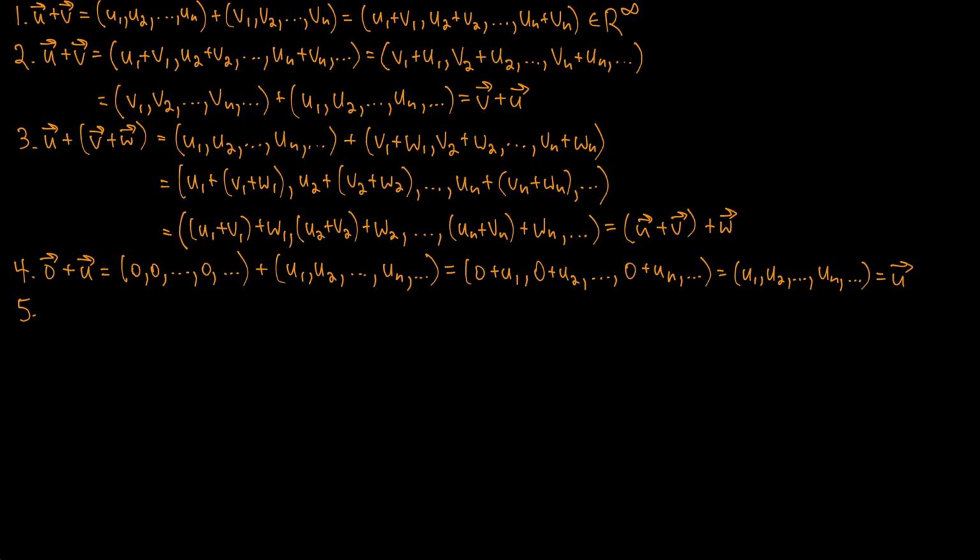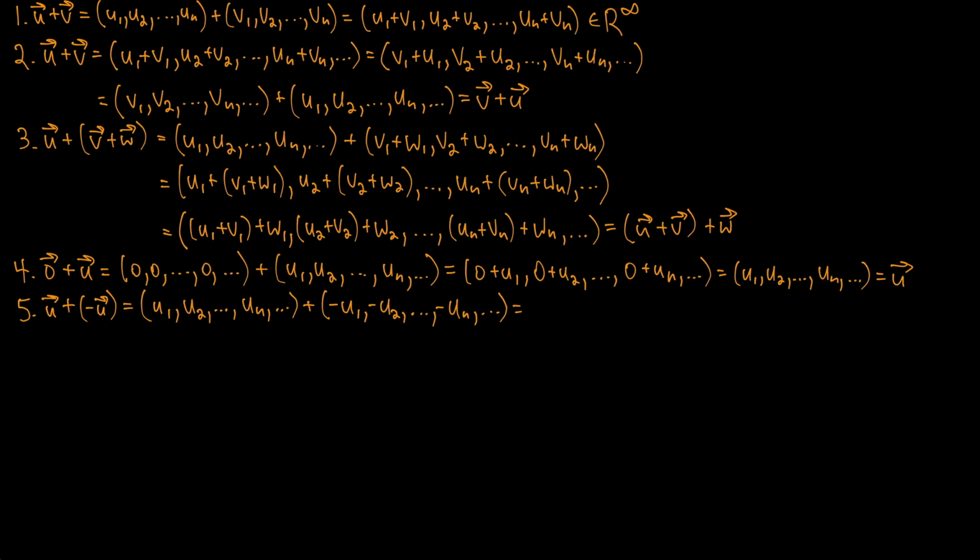Let's check for our negative. U plus negative u. How about we let negative u just be the vector u with each of the components negated? So u is just u1, u2, un, and negative u will be negative u1, negative u2, negative un. It's kind of a natural choice.